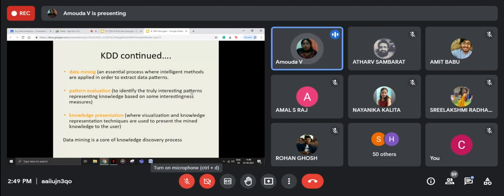Interesting pattern, interestingness measure. We have two things for that: confidence level and support level. We have measures for that to select the data. In future, we'll be doing it. Okay? Okay, ma'am. You will come to know. Very good question.